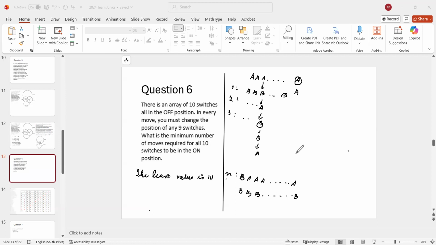I get a little bit mixed up with the odd and the even. But anyway, if you think about that, you will see that the least value of N, you have to go through the whole lot.